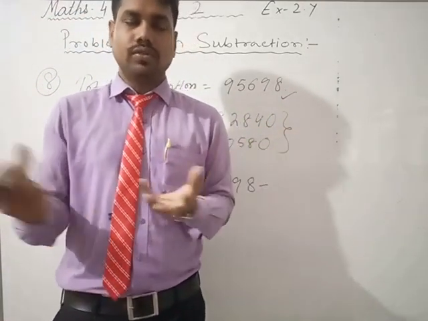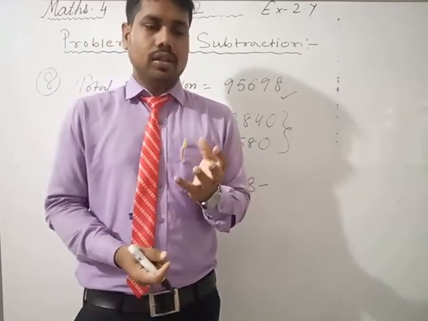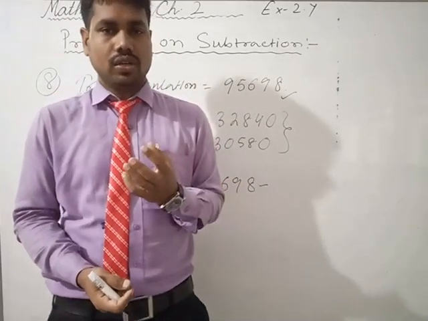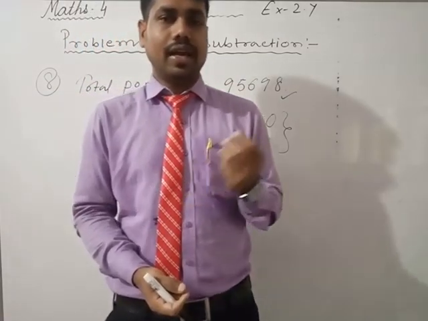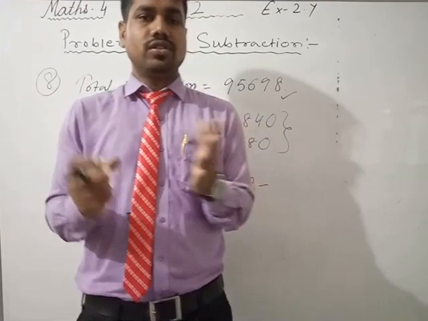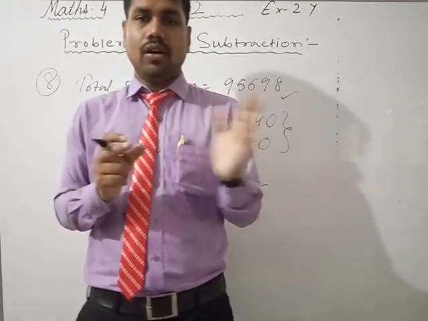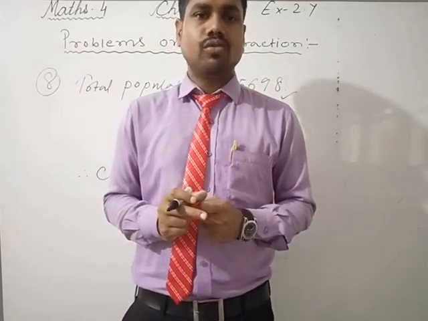So these three fruits are there. Suppose the total number of students is 40, and out of 40, 5 students like orange and 10 students like banana. How many students like apple? First you calculate the total number of students who like banana and orange, and then you subtract, and you can find out how many students like apples.